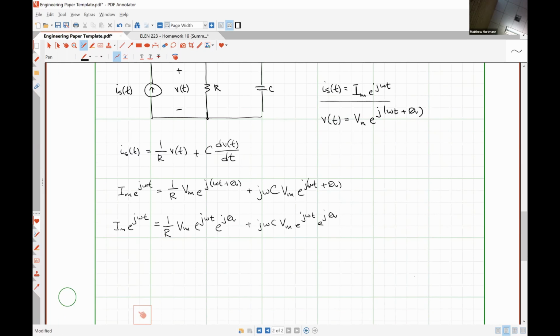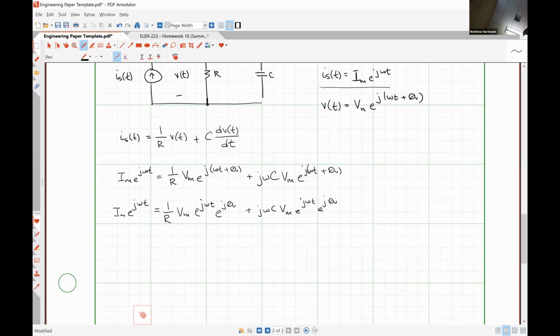So I can see that I have a common factor of e to the j omega t in all of the terms, so I can divide both sides by that, and I'm left with Im is equal to 1 over r Vm e to the j theta v plus j omega c Vm e to the j theta v.